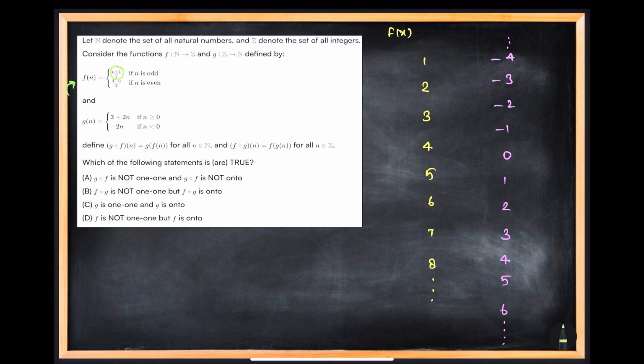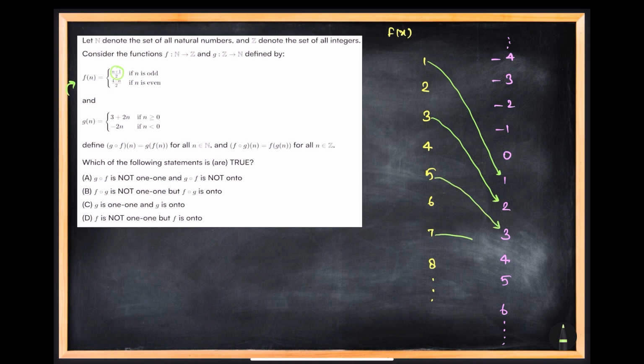So this 1 will be connected with 1. Now 3. 3 plus 1, 4, 4 by 2 is 2. So this 3 will be connected with 2. Now 5. 5 plus 1, 6, 6 by 2 is 3.